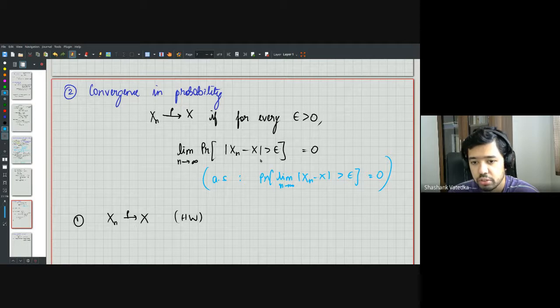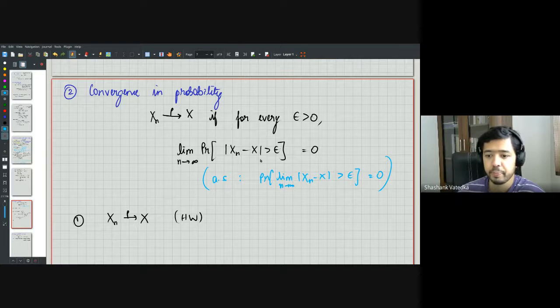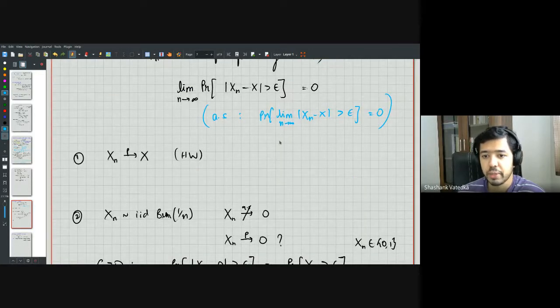So for sufficiently large n, the probability that xn deviates from x by an amount epsilon is sufficiently small. All right. So in comparison, if you want to show almost sure convergence, then basically the limit is inside the probability, whereas here the limit is in some sense outside the probability.